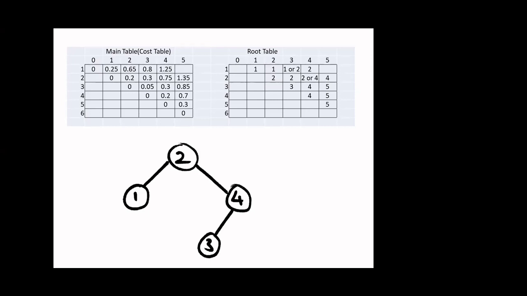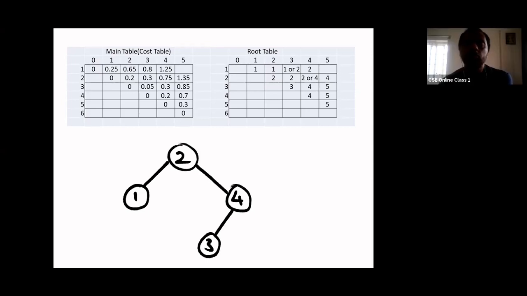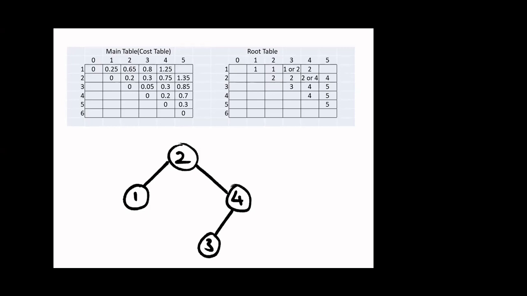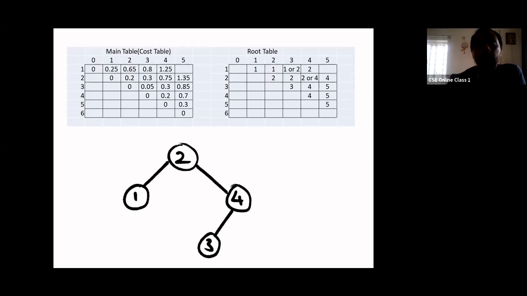So 2 can be chosen as parent, and 3 will be the right child of 2. Fine. So till here it is fine. All of you got that? So 4 is the root, the right child is 5, the left child of 4 is 2, and the right child of 2 is 3.